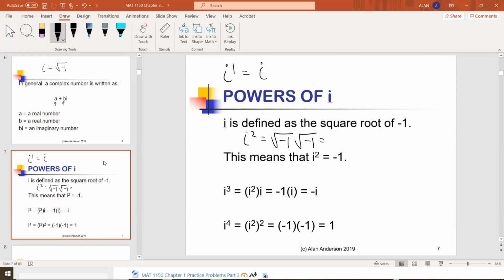Oh, wait a minute. You end up with -1. Just like if you had, let's say, radical 2 times radical 2 just equals 2. So therefore, i squared is a real number, which is -1.